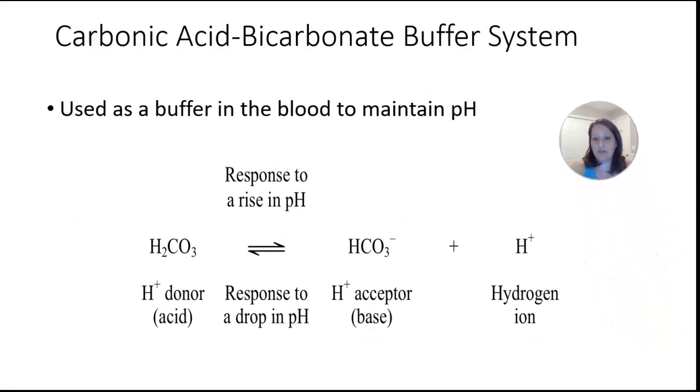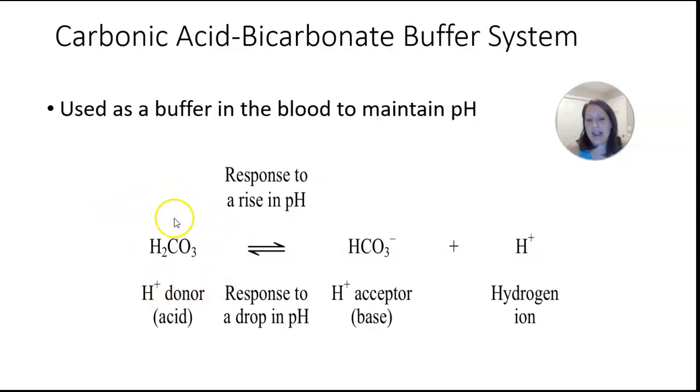I wanted to provide you with an example. This is called the carbonic acid bicarbonate buffer system. It is found in humans, and it is a buffer, a substance that helps us maintain our blood pH at about 7.4. Here's a reaction. Over here on the left, we have carbonic acid.